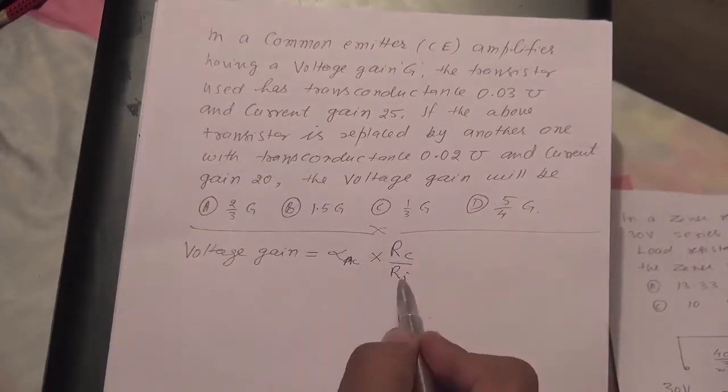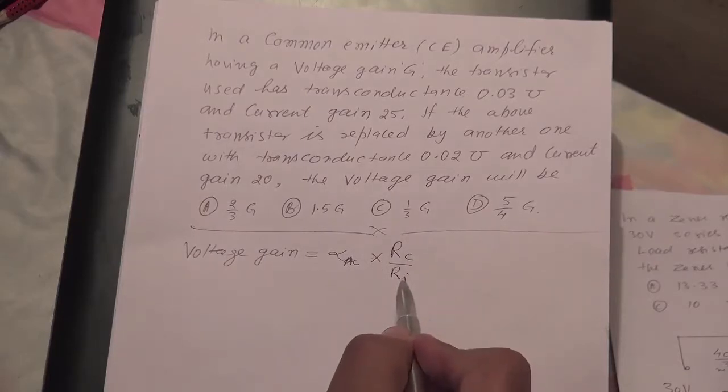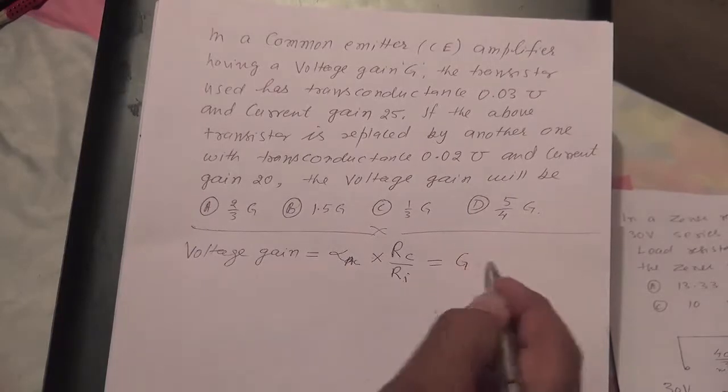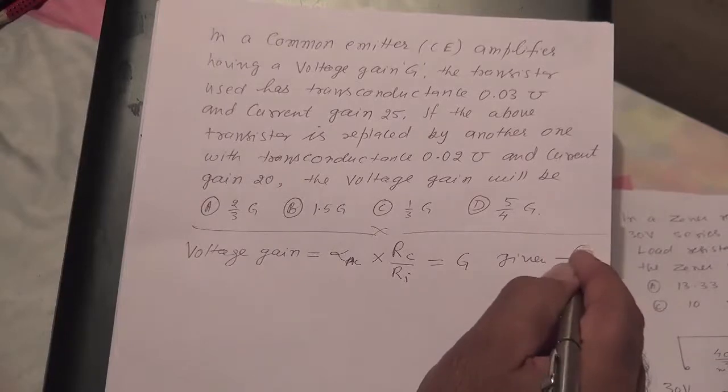This is voltage gain. Current gain multiplied by resistance ratio. Okay. Now, this is equal to G. This is given. Let's make it number 1.